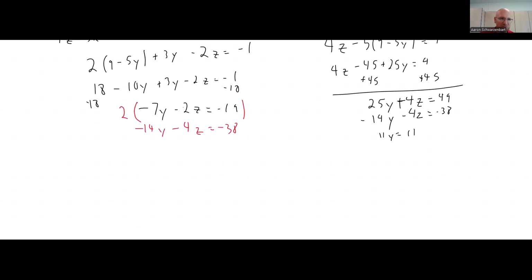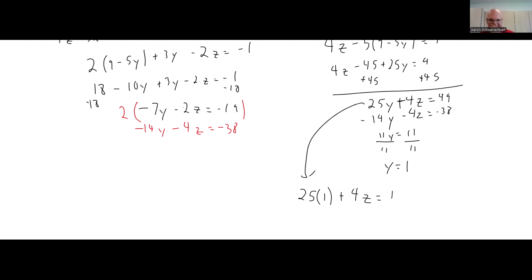So I can now divide both sides by 11, and I get y equals 1. Now I've got to start going through and solving for z. I think I'm going to use this equation because it's positive: 25 times 1 plus 4z equals 49.